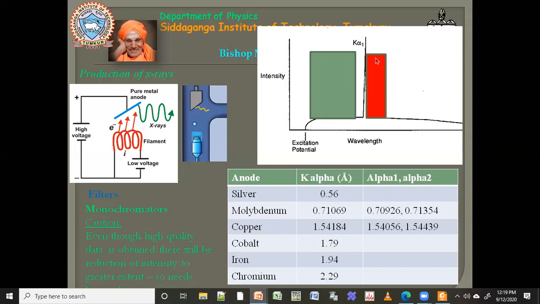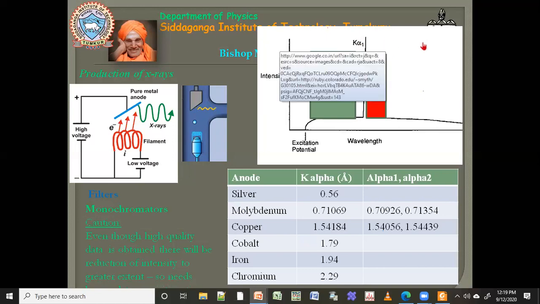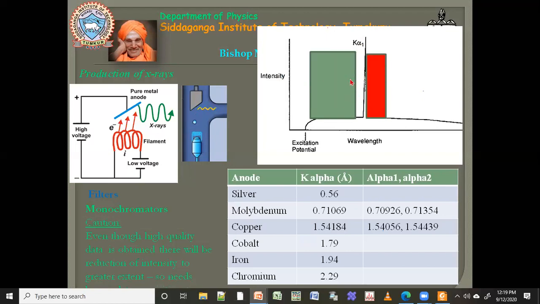Most people don't want that. They want quick sample analysis. So they don't keep the monochromator, but the filter will be there. If you don't put a filter, you will have multiple peaks. This is why you have the filter and the monochromator.